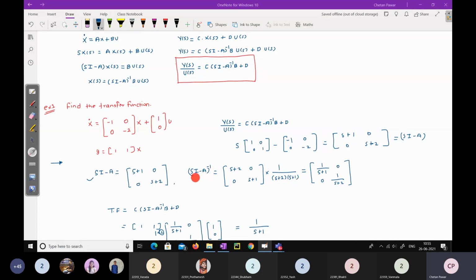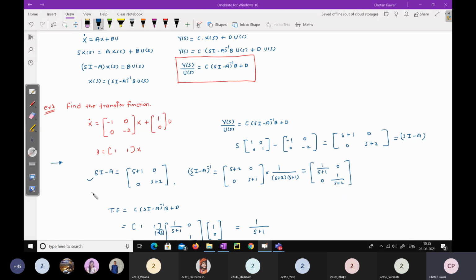You know this technique of finding the inverse of a matrix, right? So I found the inverse that way. I got 1 upon s plus 1 and 1 upon s plus 2 in the diagonal positions. So this will be my (sI minus A) inverse matrix.